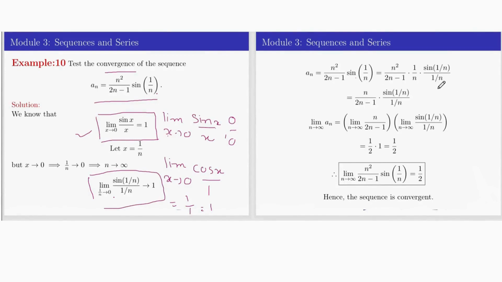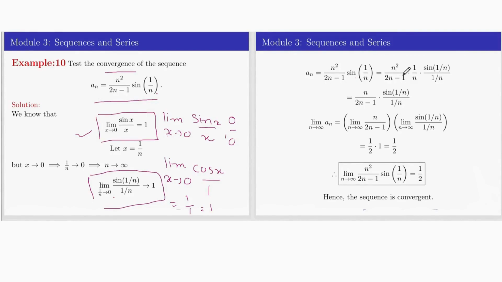In mathematics we know that if we divide something then we need to multiply it, because we cannot add or multiply any extra term. So here we divide by 1 upon n, so we multiply by 1 upon n. We are just resetting this term. Now we get this form, sine 1 upon n upon 1 upon n, keep as it is. Here now the 1 upon n is canceled out.